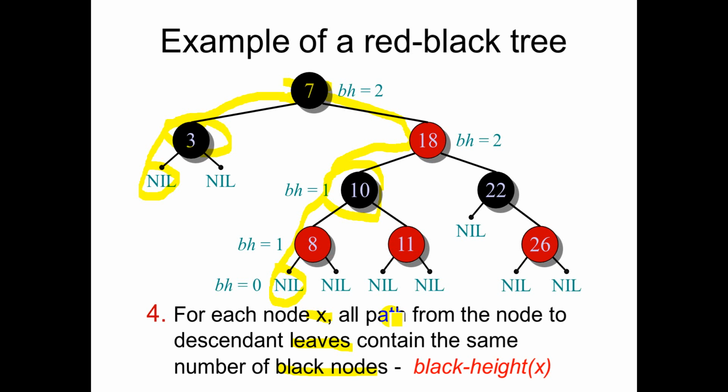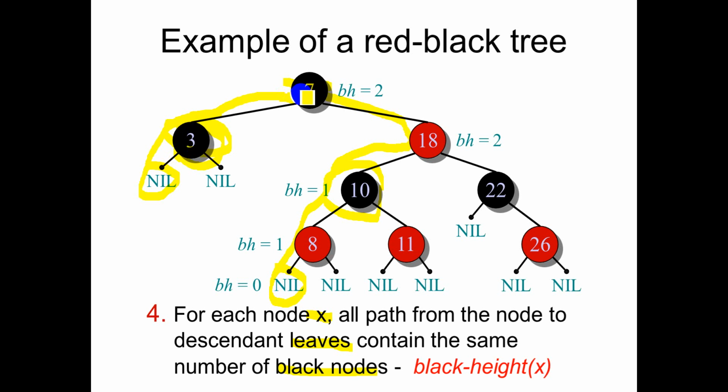Now I'm coming to node 3. If node 3 is red, it will violate property 4, so this node is black. One more thing that I want to share with you, mainly the number of black nodes.